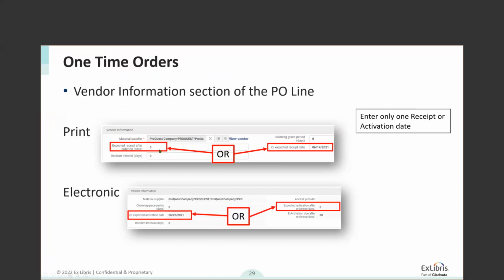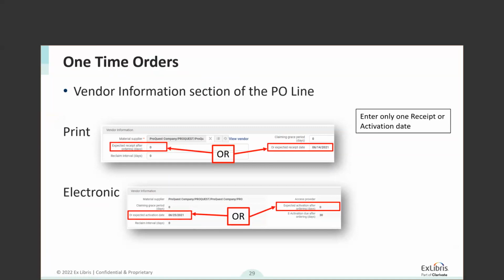Expected receipt after ordering: if you fill it out in the vendor record, that's what it'll come in as, like 30, 60, 90, and you can always change it. If you actually fill in an expected receipt date, that will override this value. And for electronic and expected activation after ordering, again, if you have something in that vendor account, it'll pull over, but if you manually enter a value, that'll override it.